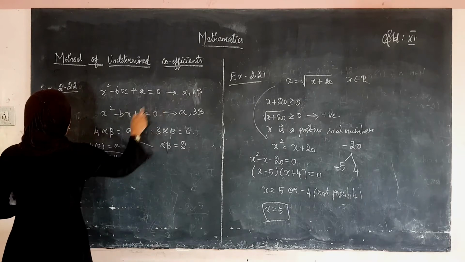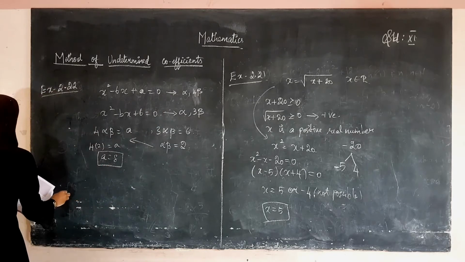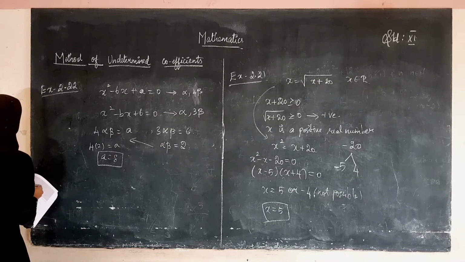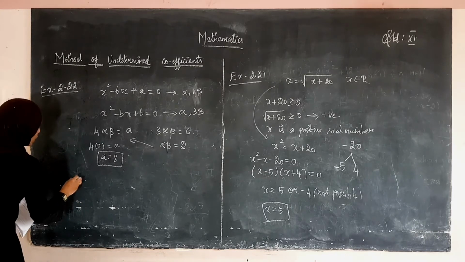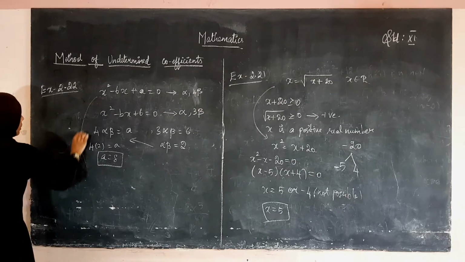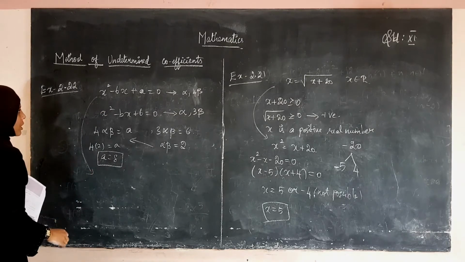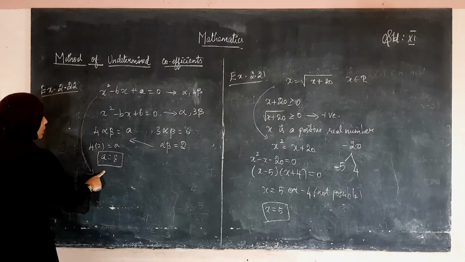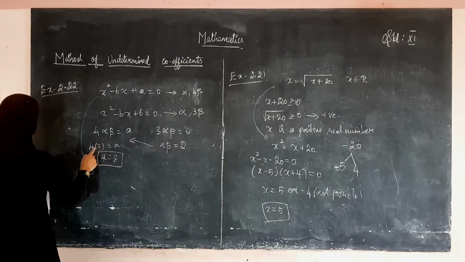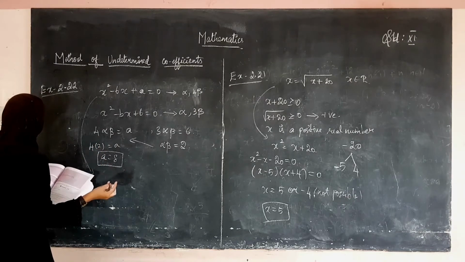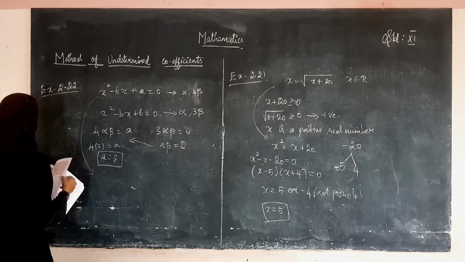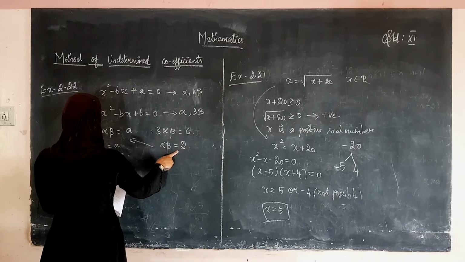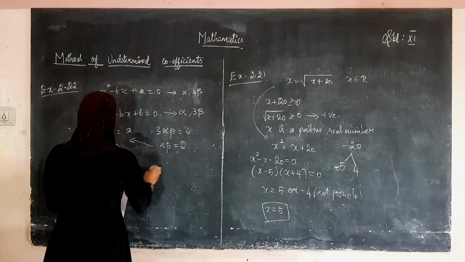So from this, the roots of the first equation: first we got a, right. So we have to find the value of alpha and then beta. What we have got is alpha beta is equal to 2 and a is equal to 8.